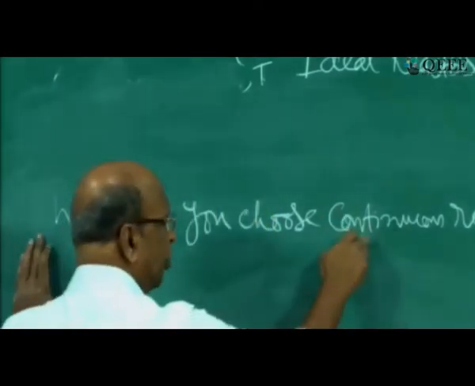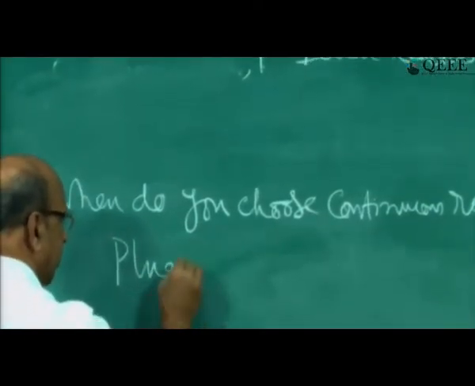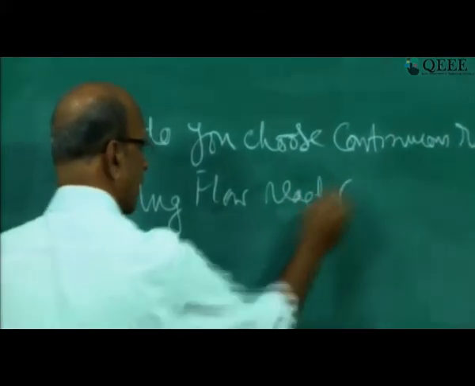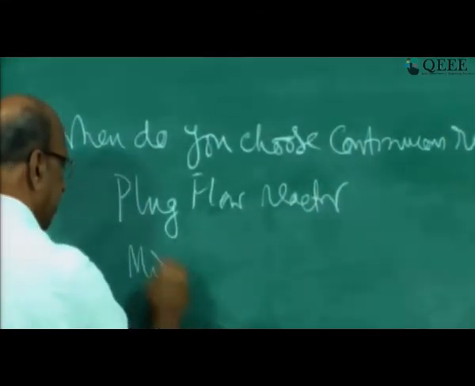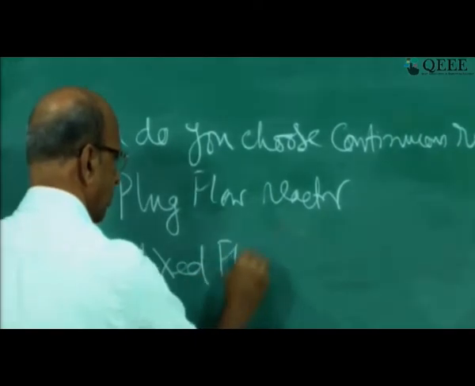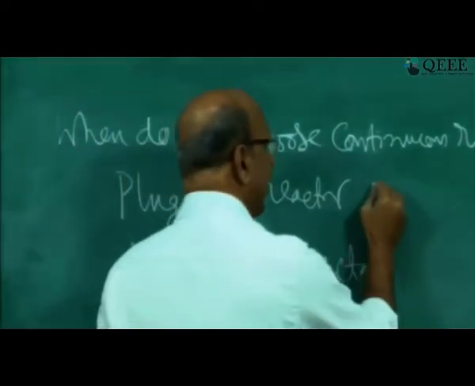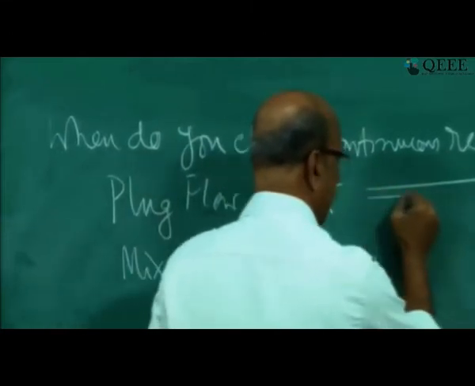Good. So now, when you come to the continuous reactors, as I told you, we have the plug flow reactor and we have the mixed flow reactor. The plug flow reactor is normally the tubular reactor.